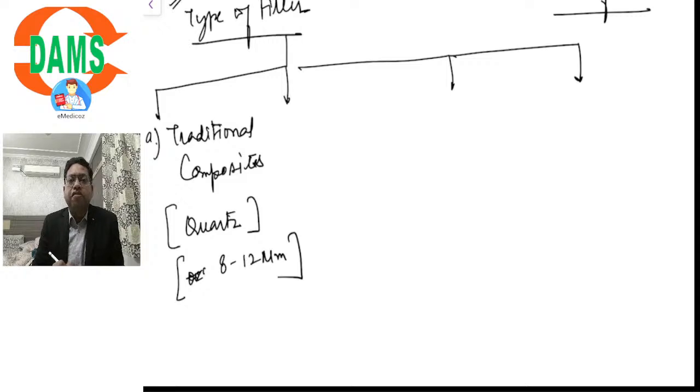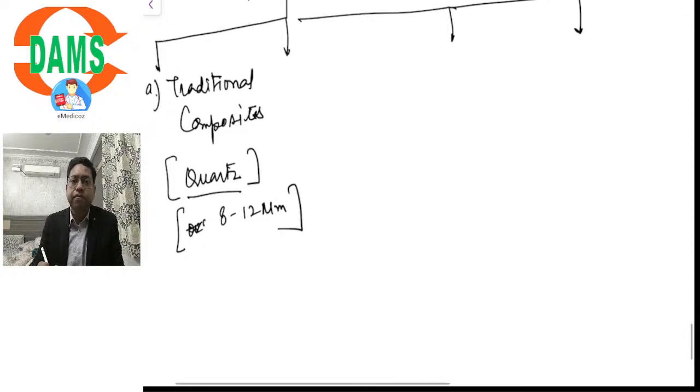Large particles of quartz are present in these composites. Although they are not marketed in the current scenario, they have become almost obsolete. But for your academic purpose, you should know what traditional or conventional composites are. They consist of quartz as filler particles, 8 to 12 micron in size.